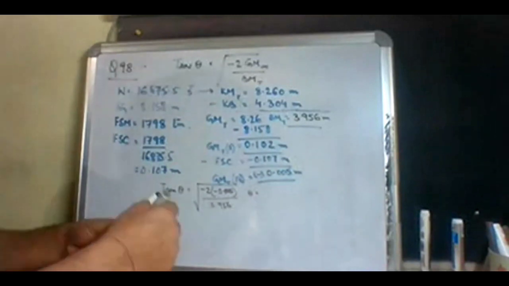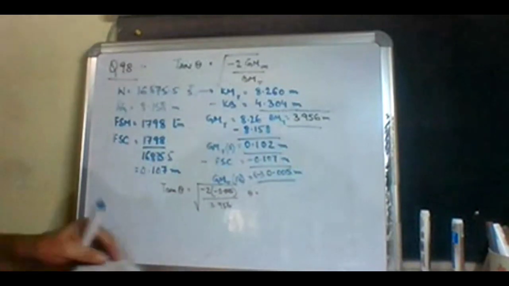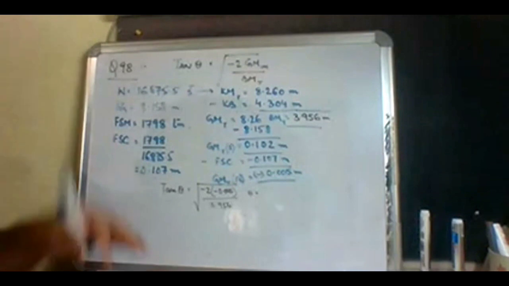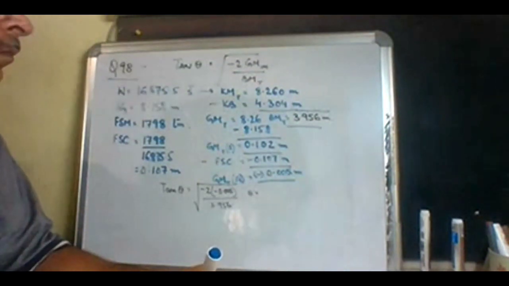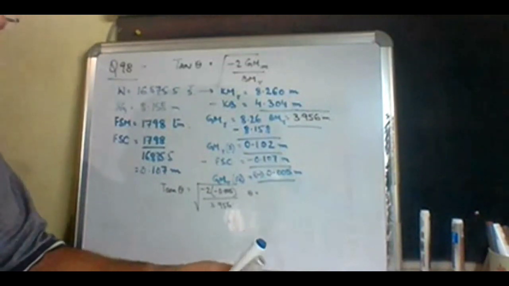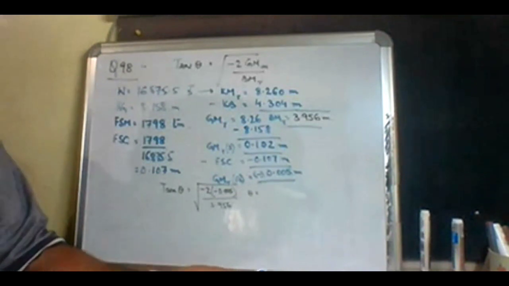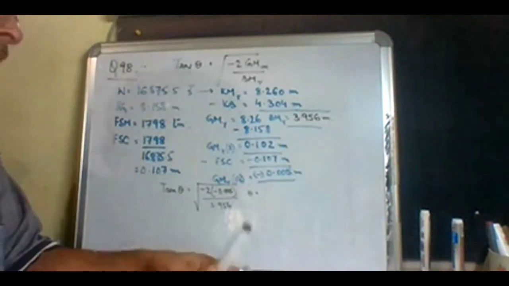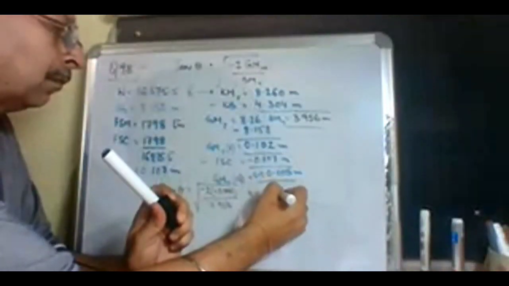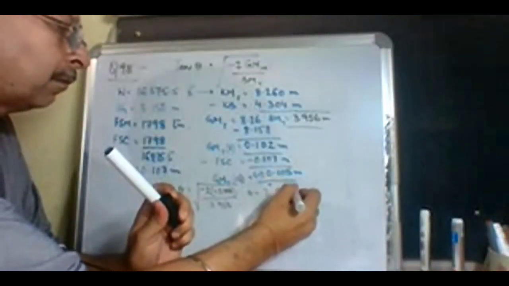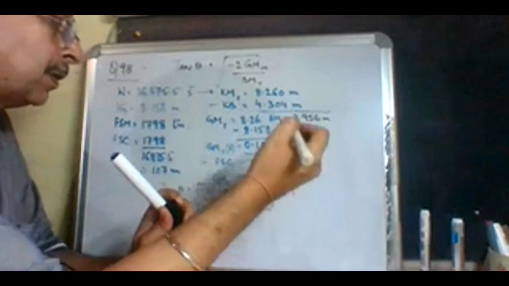How much is the theta? 2 degrees 52.7 minutes.